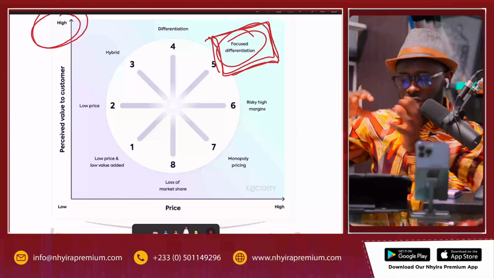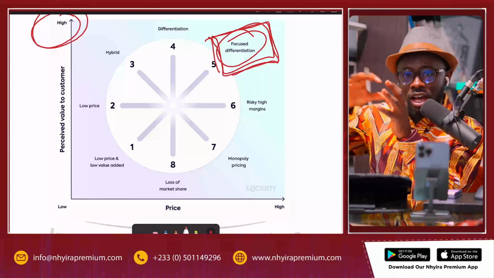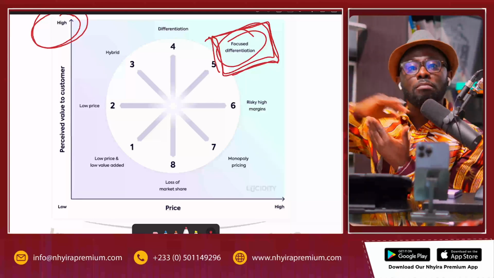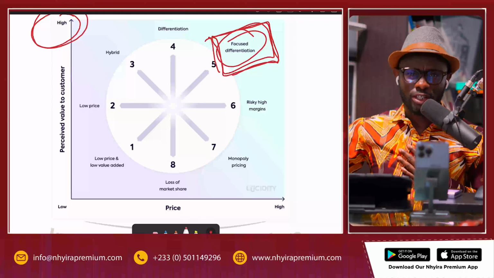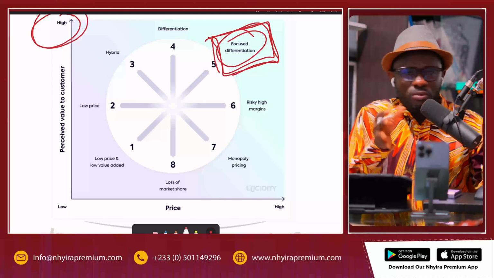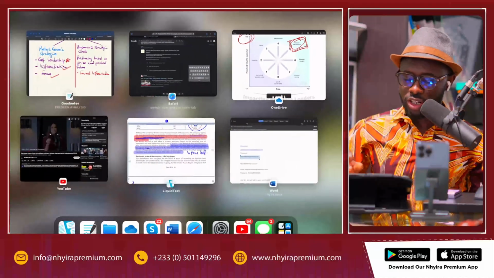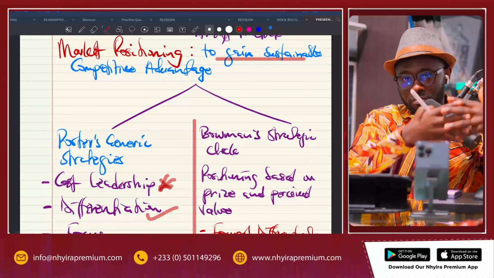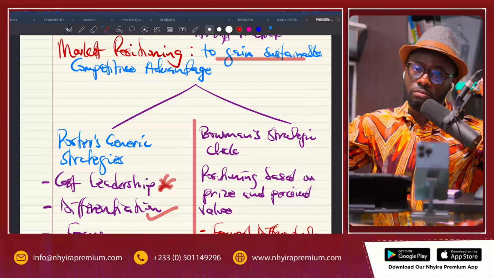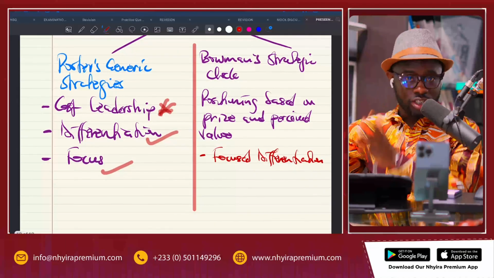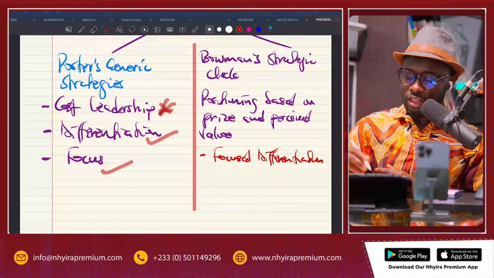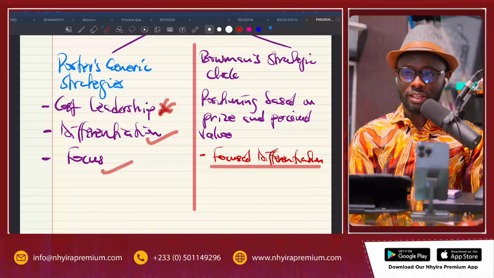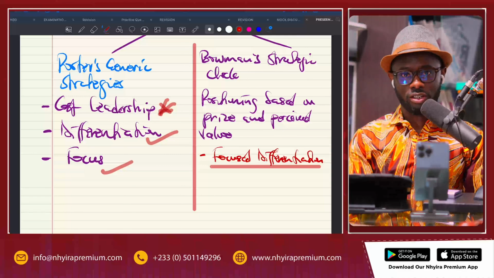So it's a focus differentiation, and in that African shito subsector, they are the best of the best. Does that make sense? So for market positioning, based on what is structured in the question, in conjunction with the Ansoff growth matrix, market penetration, market development, and the Bowman strategic clock, they will be using focus differentiation. And that is also another thing that I want to bring to your attention.